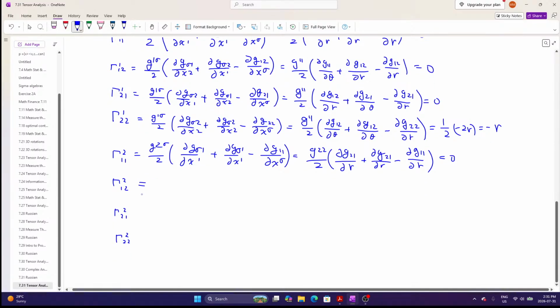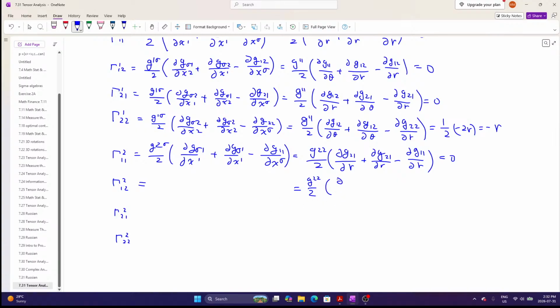Okay, let's now try to be lazy here. We know that the first factor has to be half g22. It's all the same for these guys. Then let's write down the dg over d thing. We still don't know which variable yet, but just write dg over d.